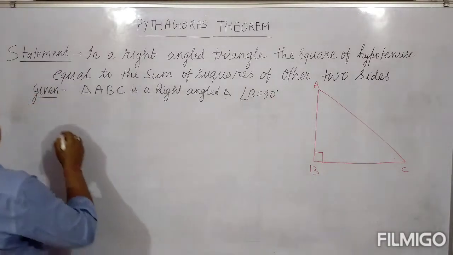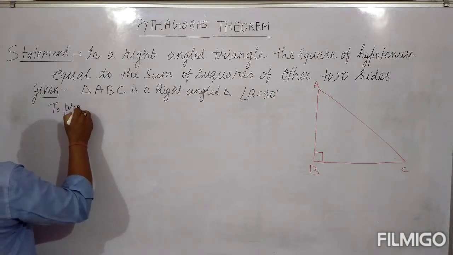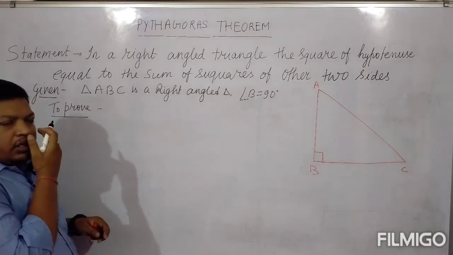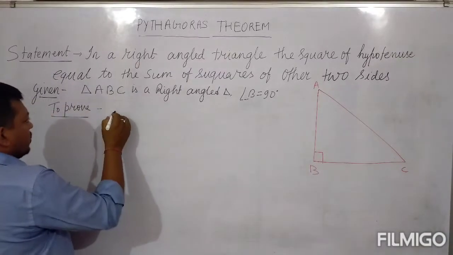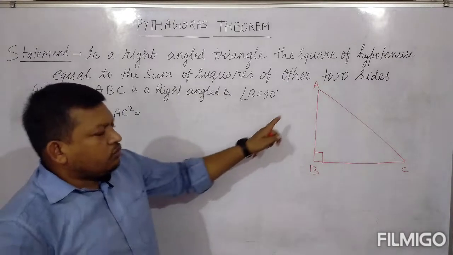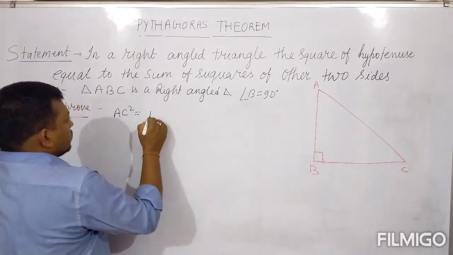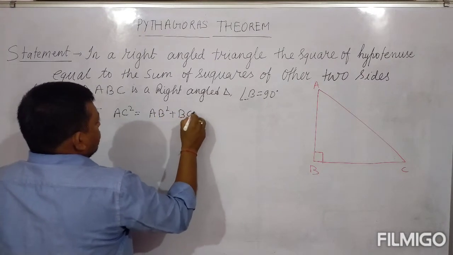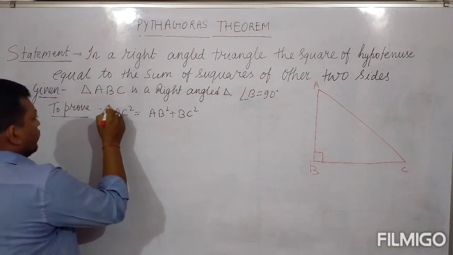And what do we have to prove? We have to prove that the square of the hypotenuse, that is AC square, is equal to the sum of the squares of the other two sides, AB square plus BC square. This is the relation we have to prove.